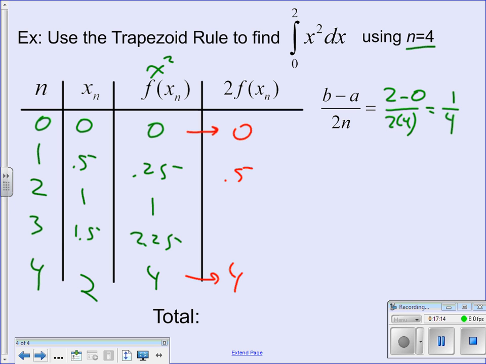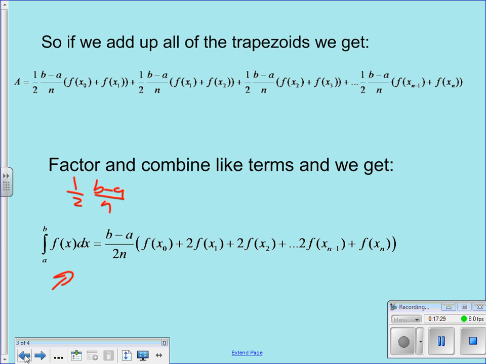Point 1, 2, 4.5, right? So what I have here, if we go back and look at the formula, f of x sub 0, 2 times f of x sub 1, 2 times f of x sub 2, that's what we're doing in the table.